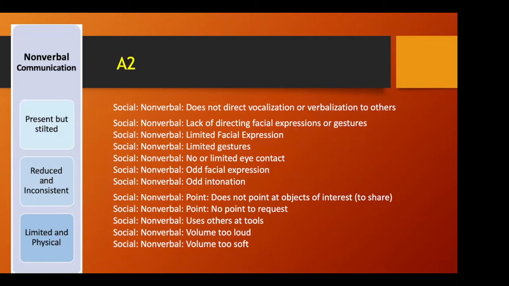Somebody that has a higher degree of challenge or impairment might have very limited nonverbal communication and be much more physical in the way that they're communicating with others, versus somebody that's more on the moderate or needing some support, but not as much as the limited and physical, is that they may use eye contact when they're highly motivated, or they might point to get something, but it's inconsistent.